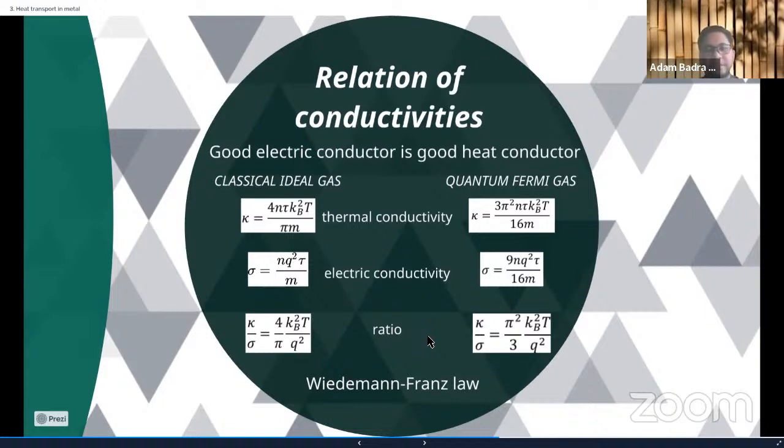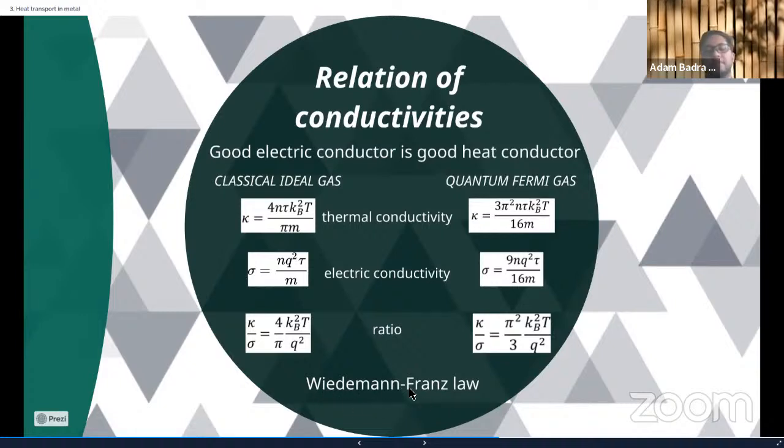So if you measure the heat conductivity and the electric conductivity of a material, then you find that the ratio tends to be higher when the temperature is higher. And it's often called the Wiedemann-Franz law in physics.